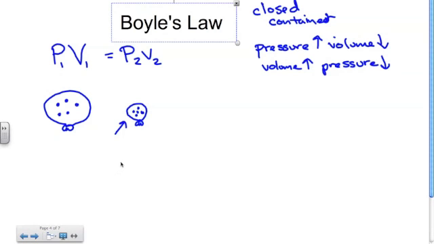So the smaller the volume, the smaller the surface area of the container, and so it gets hit more frequently.